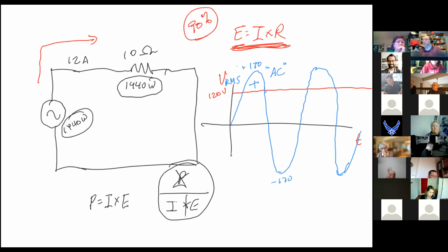During the positive part that I drew, your plus is here and your minus is here. During that time, which way does the current flow?